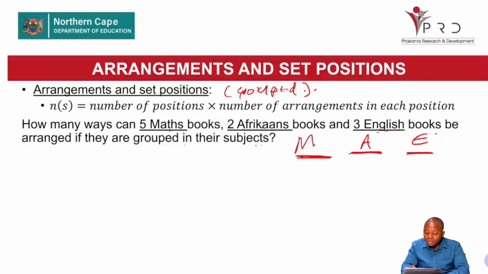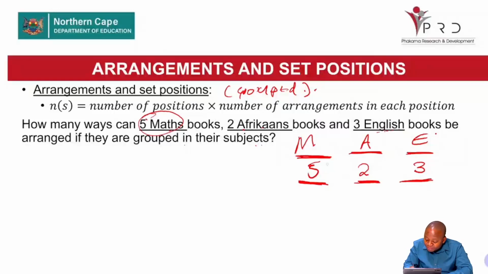So these are grouped items. Each of these books has its own slot. So in this case, for the slot of math it is 5, for the slot of Africans it is 2, and for the slot of English it is 3. But how many books do you have for maths? It's 5. So it's 5 factorial.